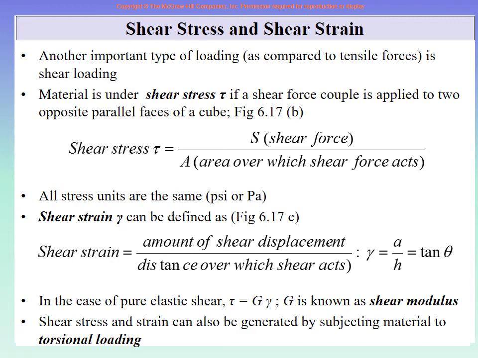If you are pulling it, it is tensile. If you are pressing it, it is compressive. So the stress, strain and Poisson's ratio we defined were for normal loads, and the common example is a tensile test.